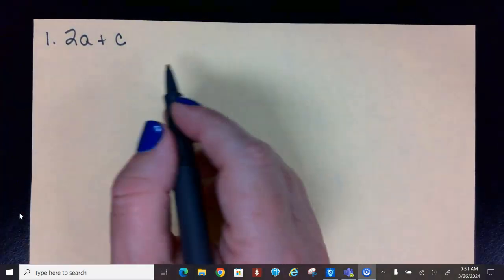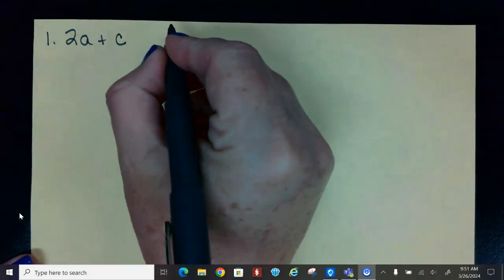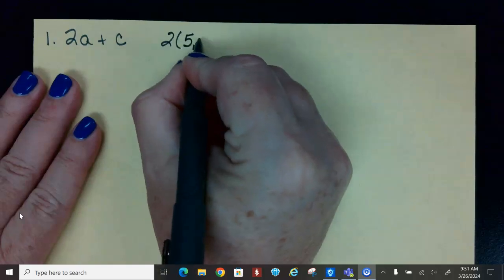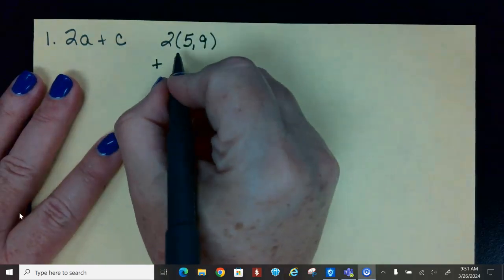Okay, so number one, they're asking for 2a plus c. So 2a would be like saying 2 times 5, 9, and we're going to add this to our c value.